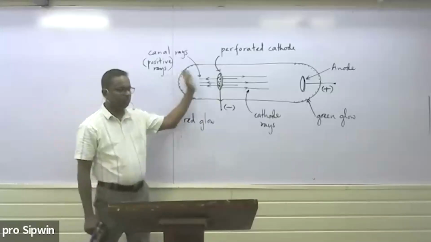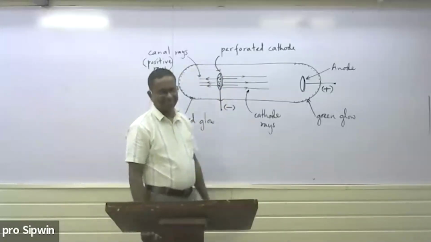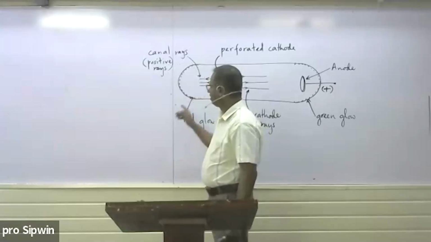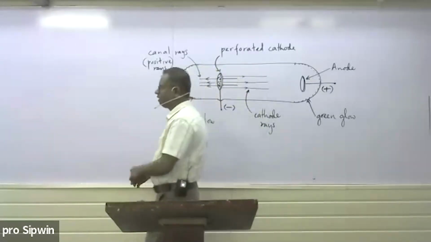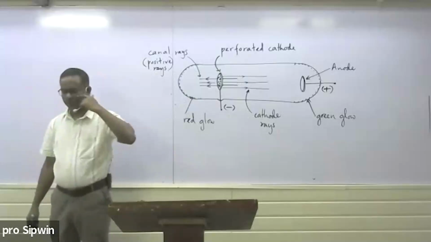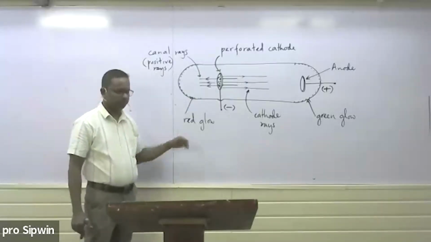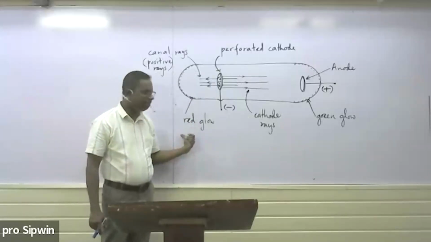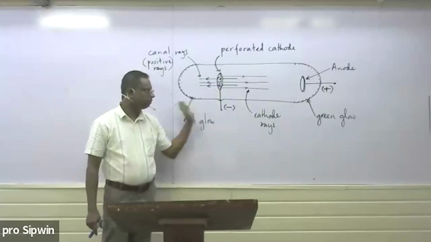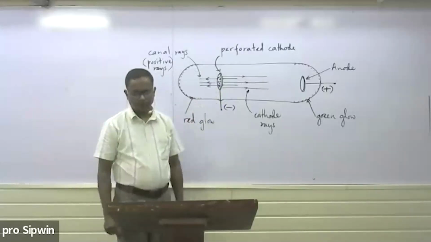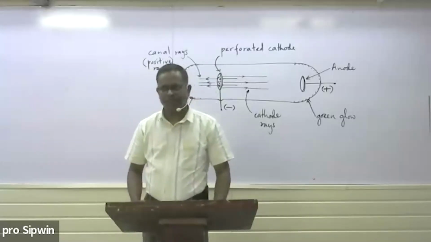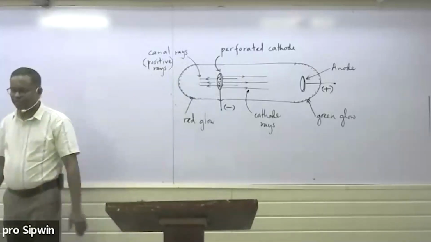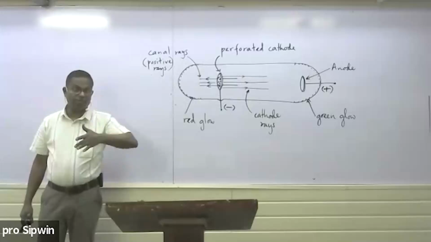Earlier the Crookes tube was the cathode ray tube like that; this one is the positive ray tube. After the discovery of this one, note the red glow, green glow, right? After the discovery of canal rays at the beginning, Thomson was again involved here, like in the earlier cathode ray experiment.